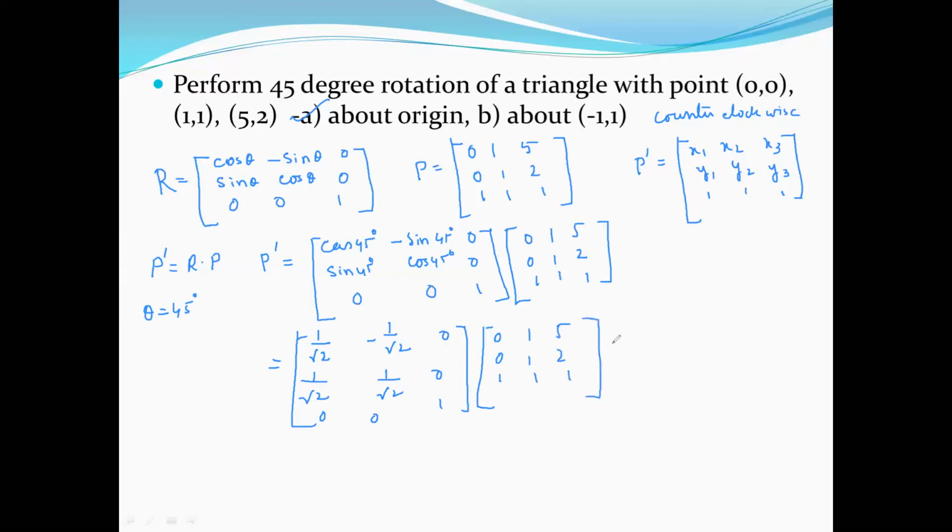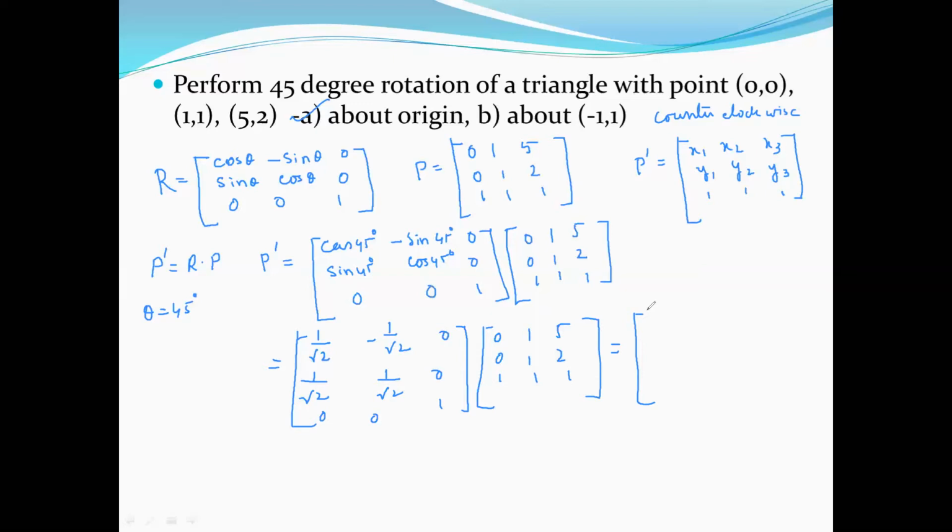Now, if you perform the multiplication, the 1 by root 2 will be multiplied with 0, then minus 1 by root 2 will be multiplied by 1, and 0 will be multiplied by 5.